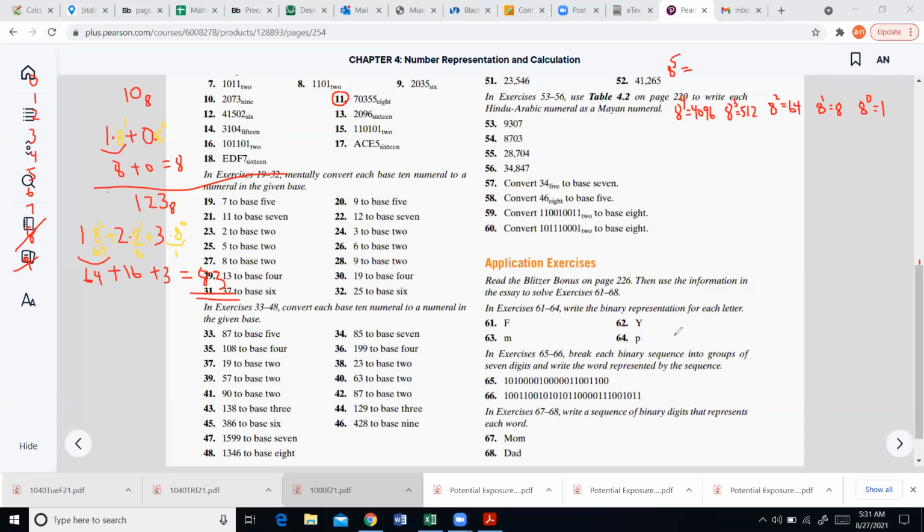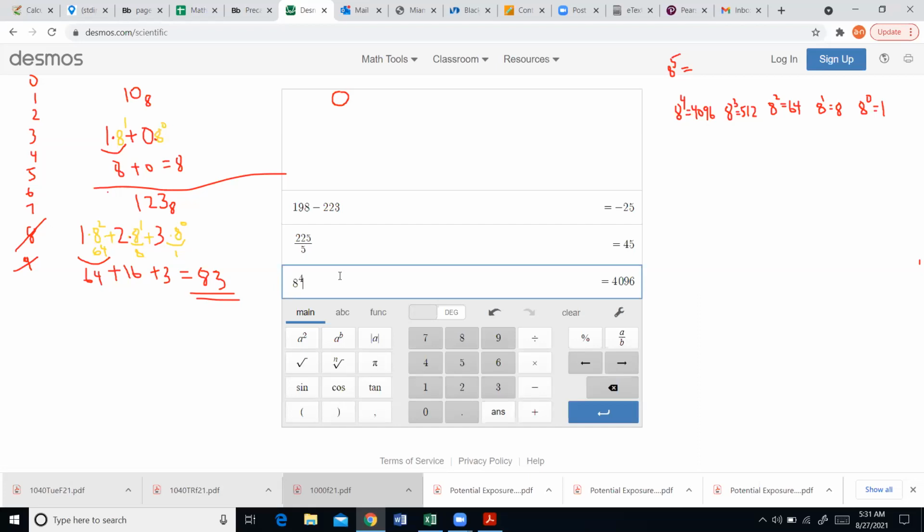And why don't I calculate this? 8 to the power of 5. So I can change the power of 4. I just make sure my cursor is here at the power, and I change it with 5. See, it doesn't really matter to us. We use a calculator. So we have something like 32,768.